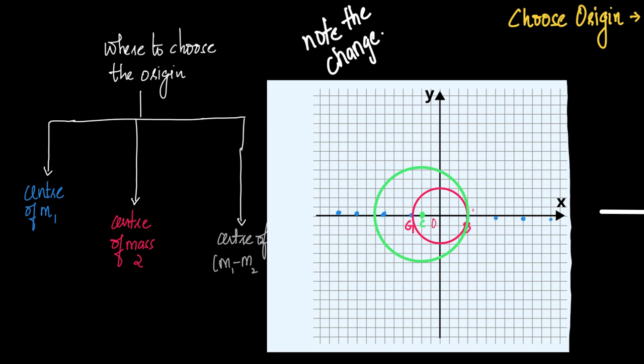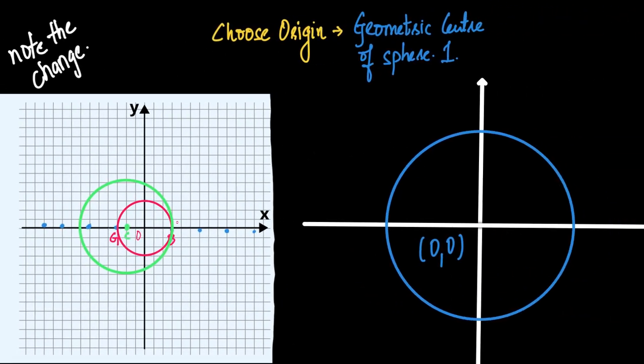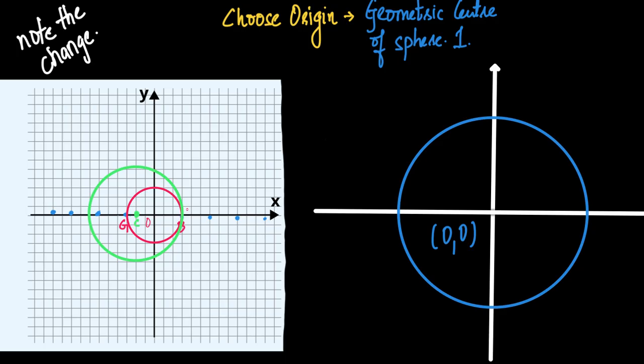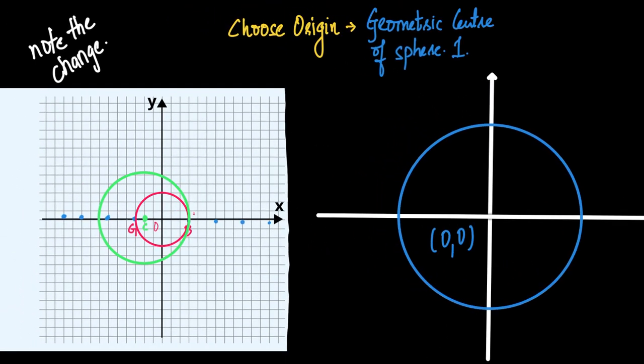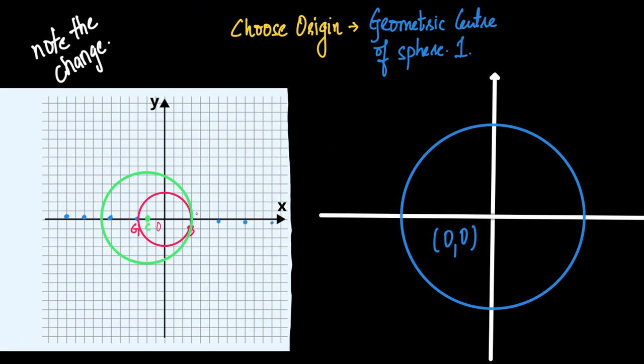Okay. Now, what we will do is, we will first try to choose the origin as the geometric center of sphere 1. Geometric center of sphere 1.